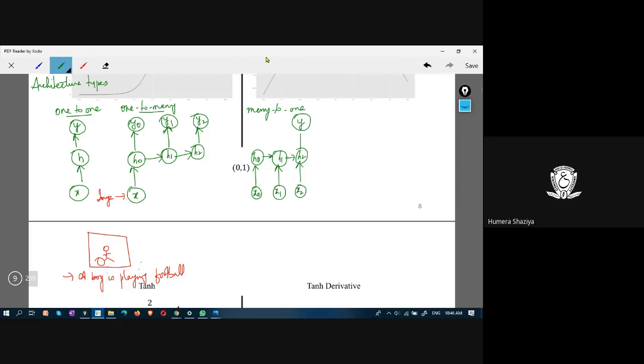Here the application would be stock prediction. What happens in stock prediction?